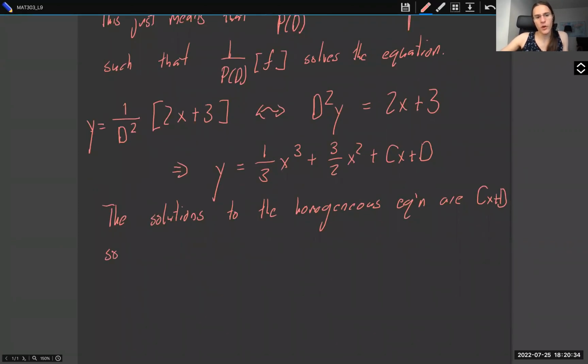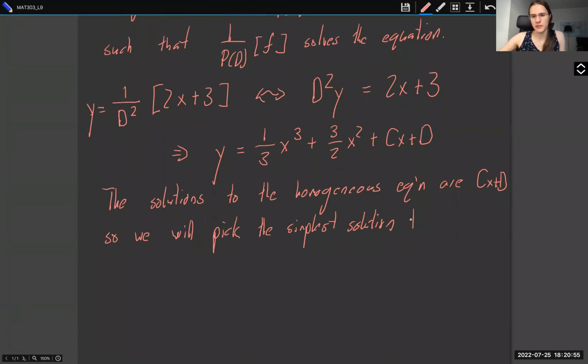So we will pick the simplest solution. That removes any visible multiple of solutions to the homogeneous equation. Well, not exactly multiples, any additive factors that solve the homogeneous equation.